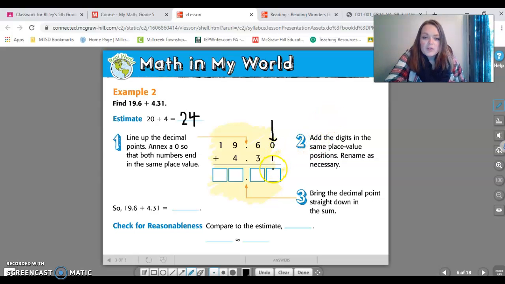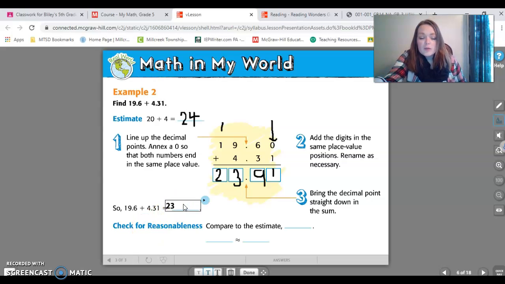So we have 0 plus 1 gives me 1. 6 plus 3 gives me 9. 9 plus 4 gives me 13. Carry my 1. 1 plus 1 gives me 2. So we have come to the conclusion that 19 decimal 6 tenths plus 4 decimal 31 hundredths equals 23 decimal 91 hundredths.